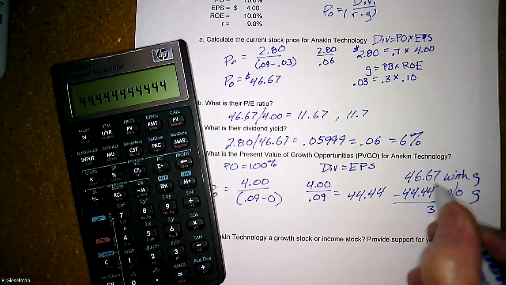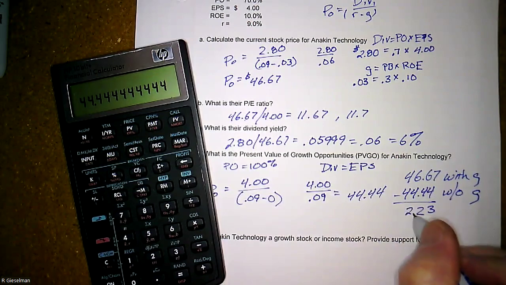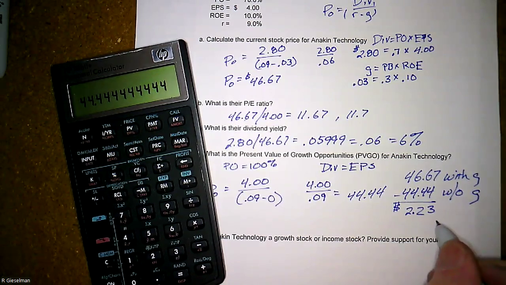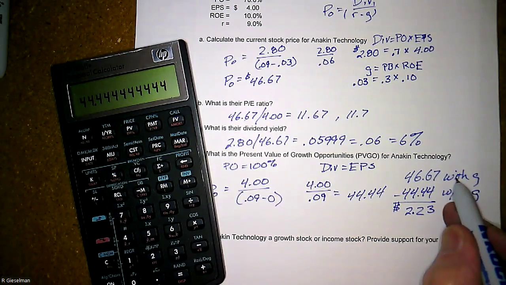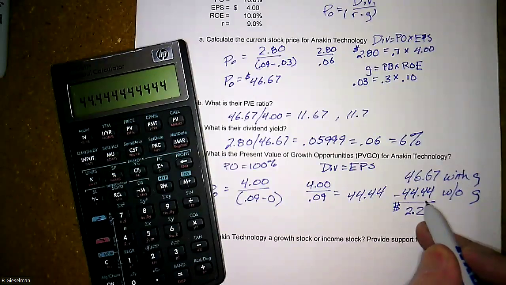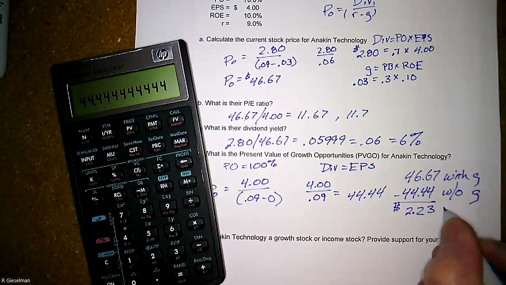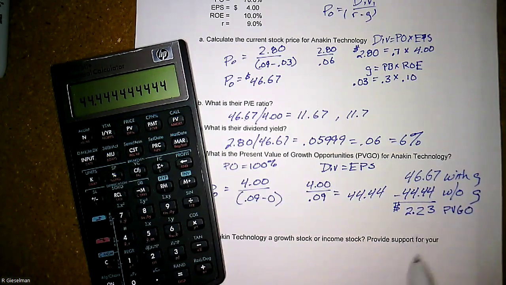Take 46.67 minus this. I've got 2.23. People are paying $2.23 for the growth potential. This is what they'd pay with no growth. This is what they pay with growth. So the present value of growth opportunities is $2.23.